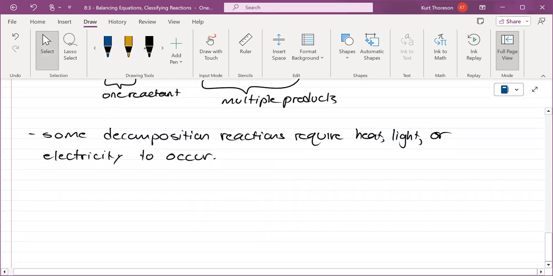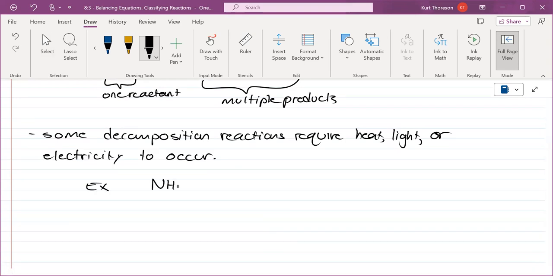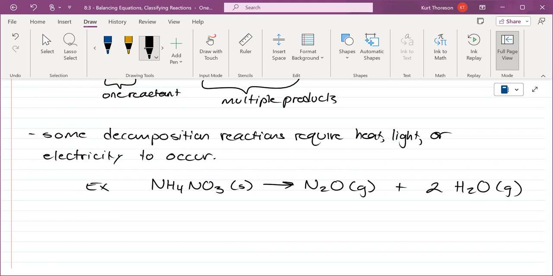A few examples of decomposition reactions: ammonium nitrate reacts to form dinitrogen monoxide gas and water. And that is already balanced. I'm just kind of jumping ahead to it.